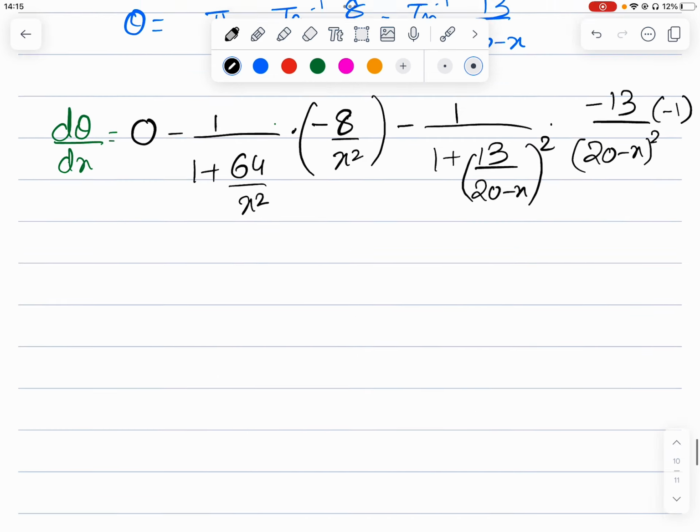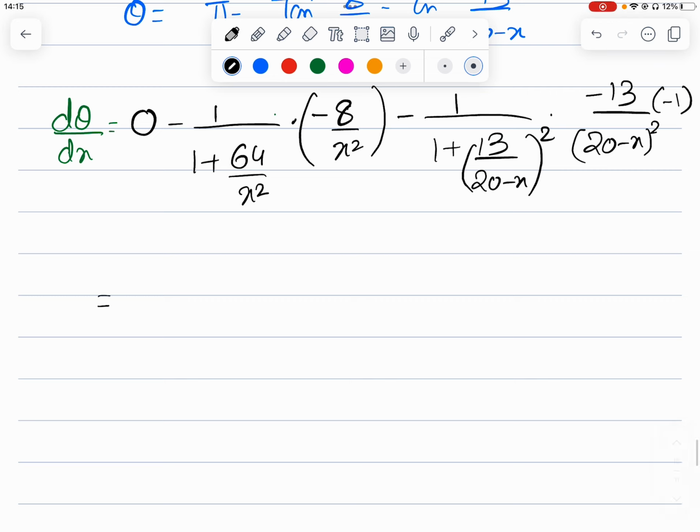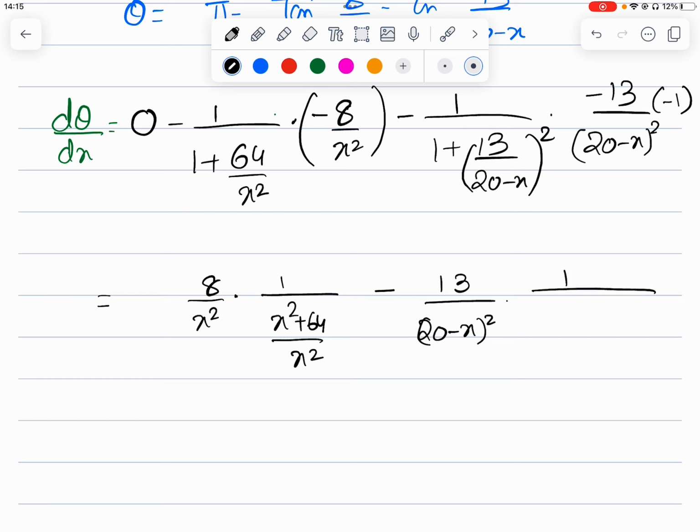Now what does that become? Minus times minus is plus 8 upon x square times 1 upon x square plus 64 upon x square, then minus 13 upon 20 minus x whole square times 1 upon 20 minus x whole square plus 169 divided by 20 minus x whole square.